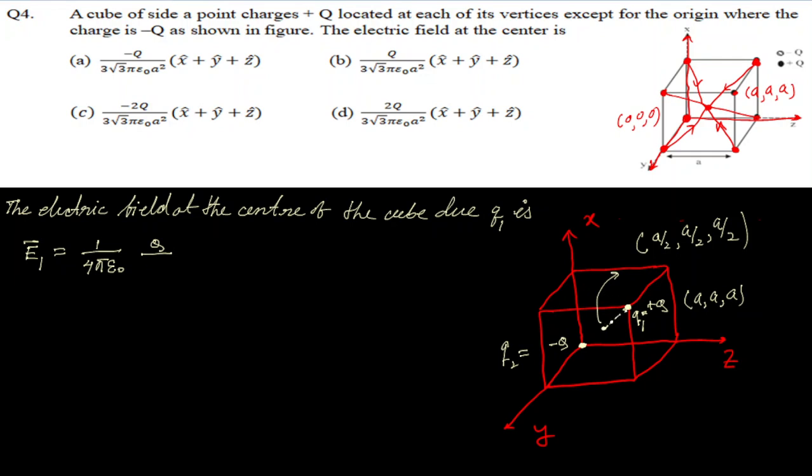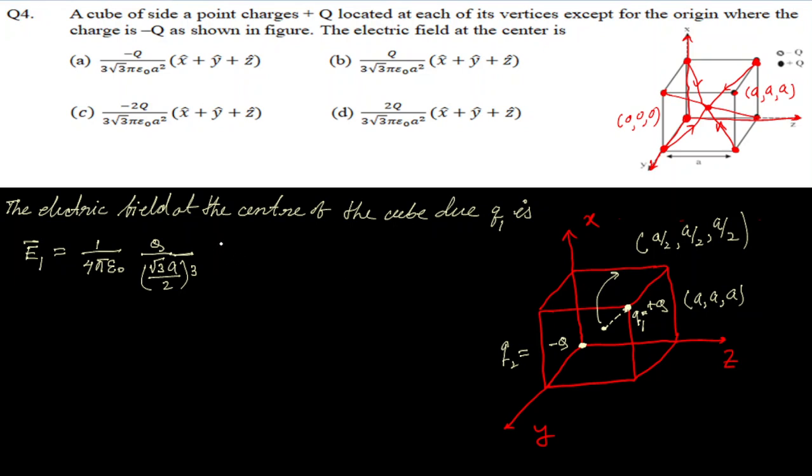Either we can write the r vector and calculate the magnitude, or from the geometry we can use the diagonal of this cube. Length of the diagonal will be root 3 times a. So half of that will be root 3 by 2. So root 3 by 2 whole cube into this r vector, that is the position vector of this point with respect to this point.